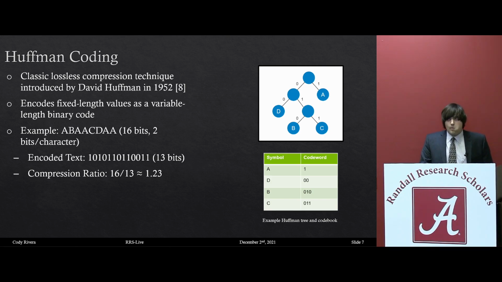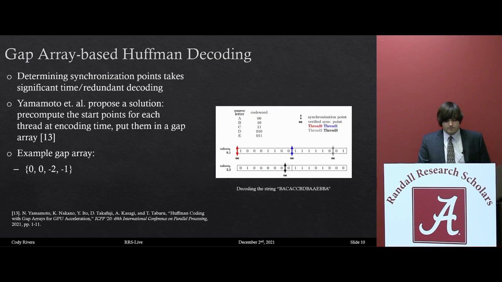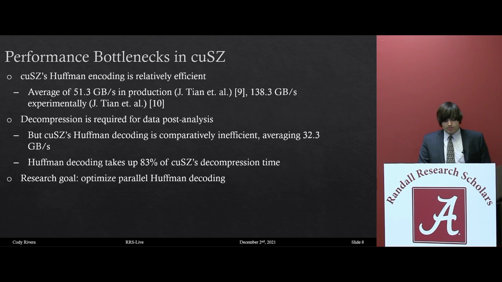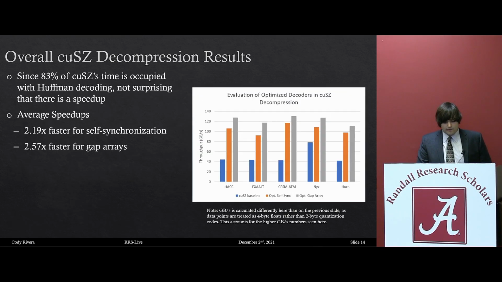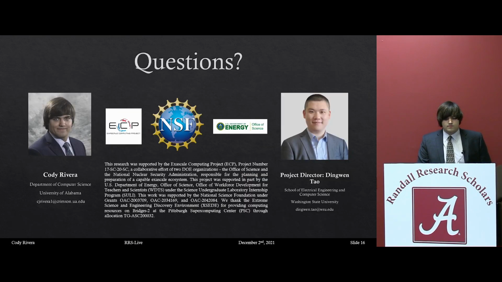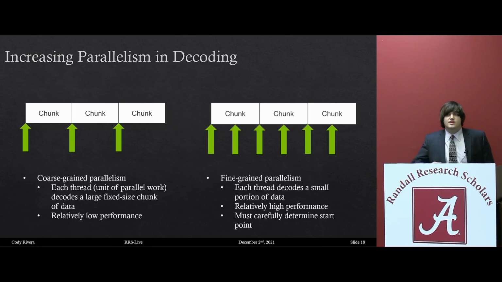So in the original QSZ, you mentioned that the decoder has some inefficiencies, and the self-synchronization and the gap array approaches are things you worked on, and you had results for that. I just don't understand, though, can you elaborate a little bit more on the details of why? Why is that original decoder deficient in comparison to the two algorithms you were working with?